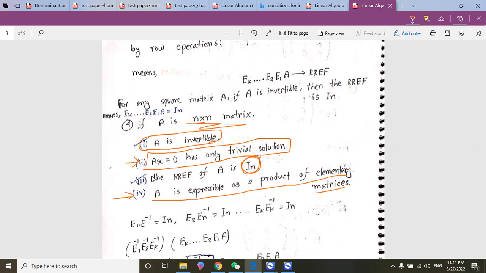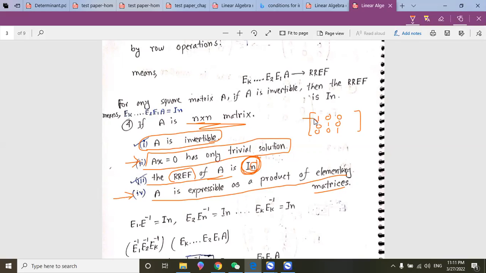And then the RREF of A, that means the reduced row echelon form of A. That means we have to convert the matrix to something like 1 0 0, 0 1 0, something like an identity matrix. So the RREF of A is an identity matrix of size n.